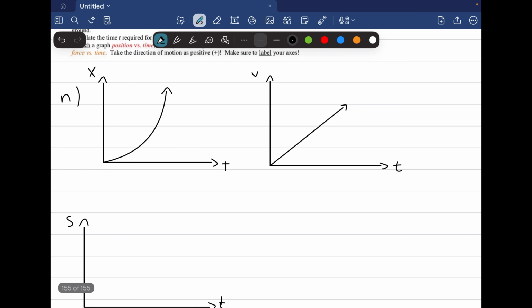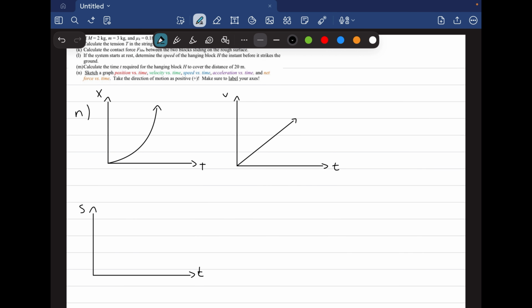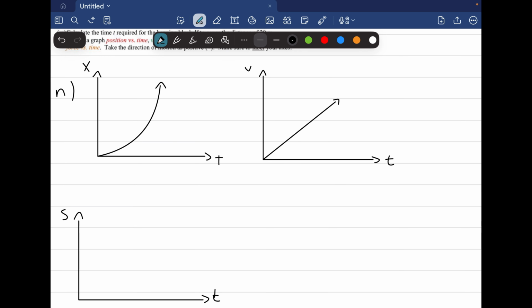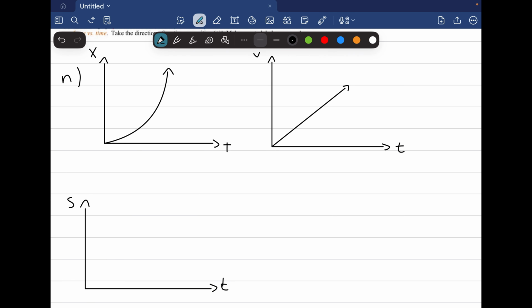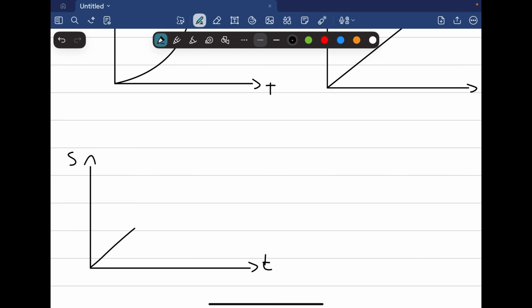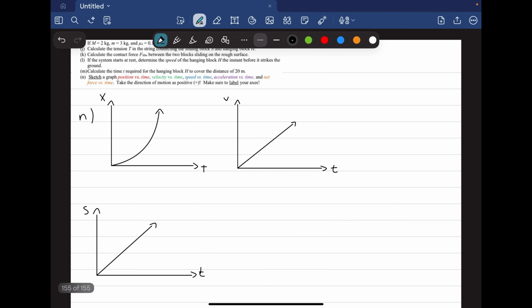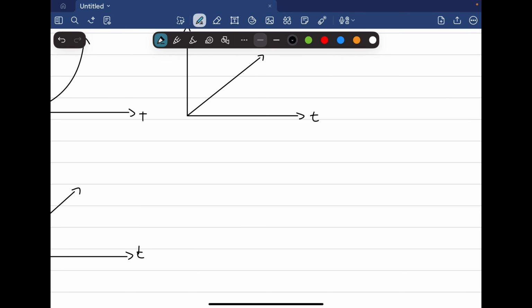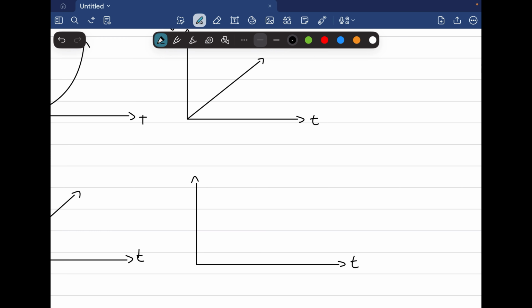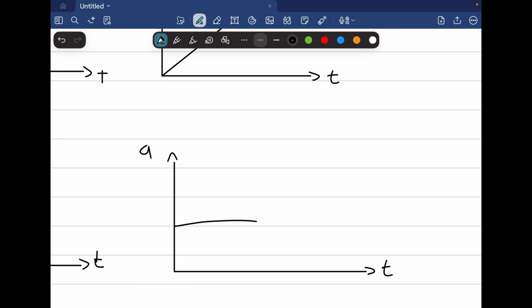The speed is just the absolute velocity, but since velocity is already positive, your speed graph should look the same as your velocity, right? Starting from rest. And then your acceleration versus time. We know that your a is a constant, a positive constant. So I'll do this, positive constant.